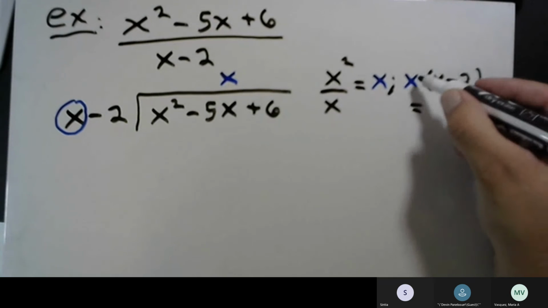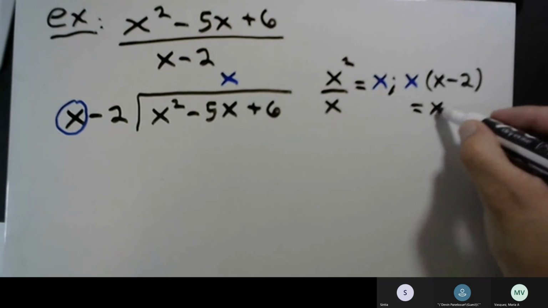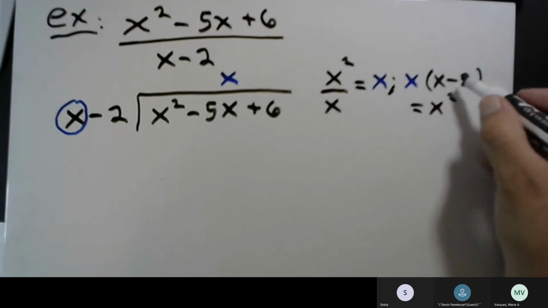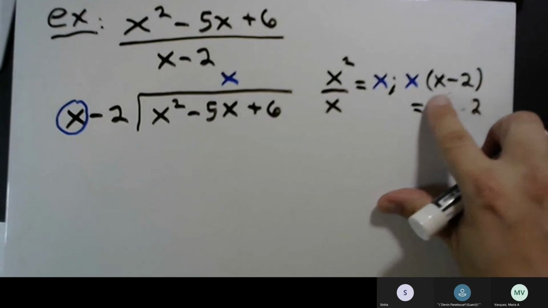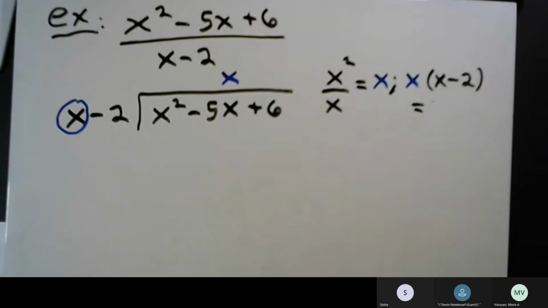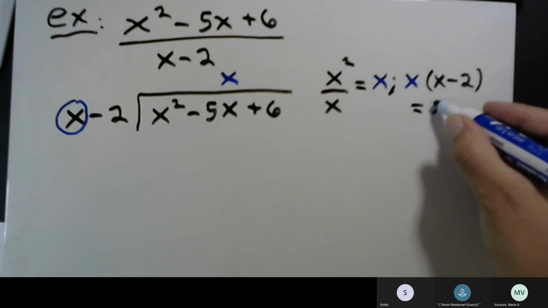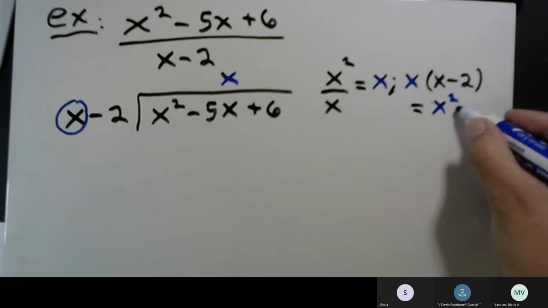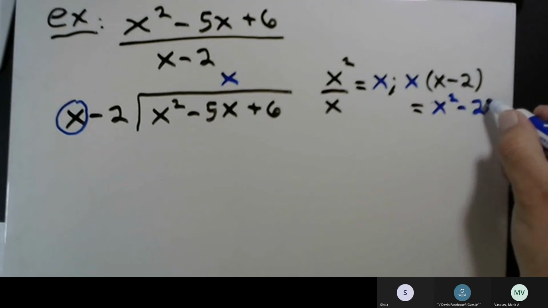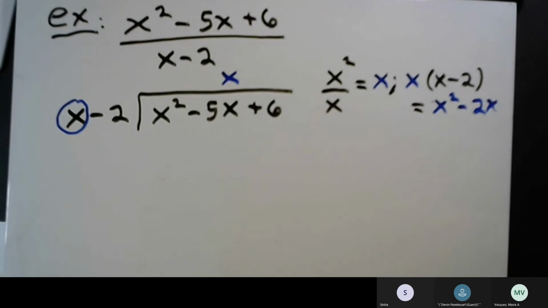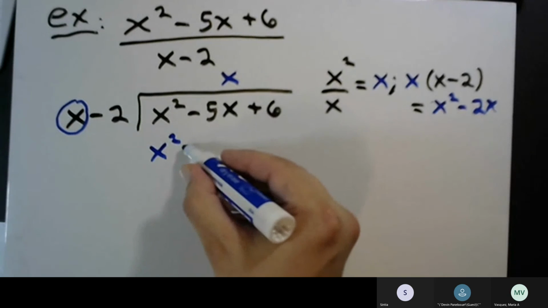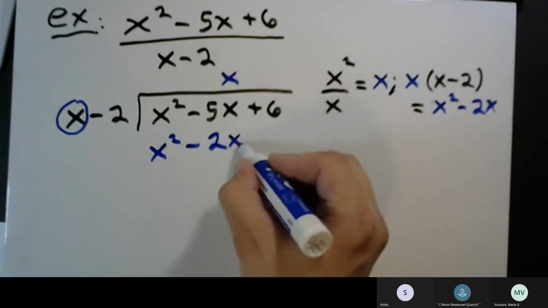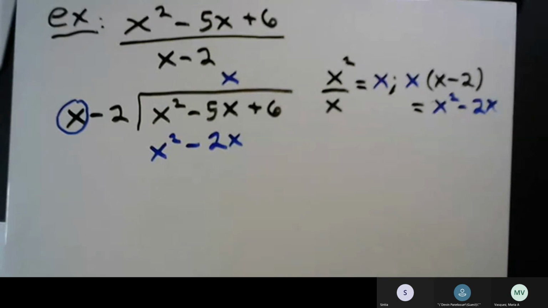When we distribute, x times x is x squared. x times minus 2 is minus 2x. And I'll do this in blue. Now, this is one of those things that you have to practice to get the hang of it.